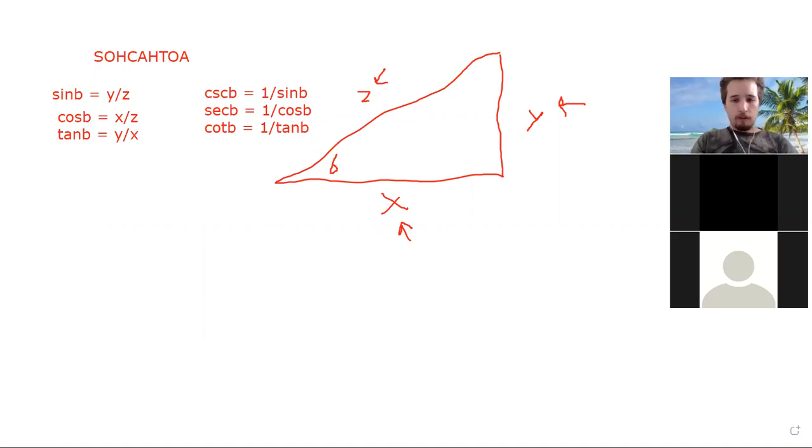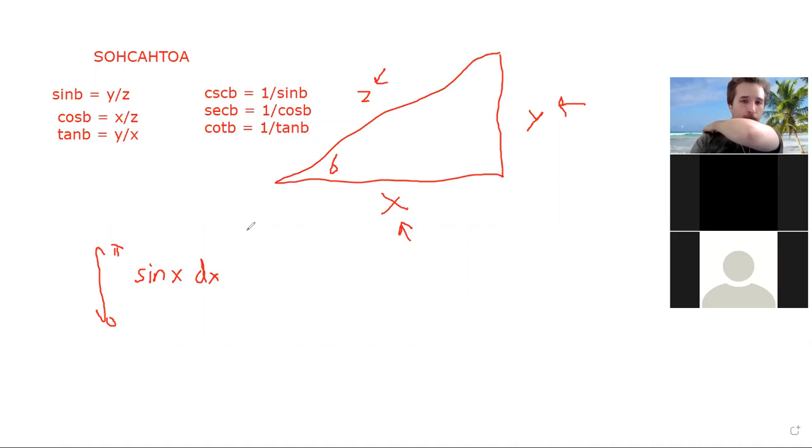So I see the first one is sine x from 0 to pi. Okay, so we have the integral from 0 to pi of sine x dx. Okay.